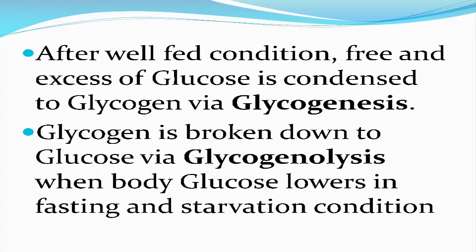And then we need that glucose, most importantly during fasting, when we are not eating, say 4, 5, 6 hours have passed since we have eaten. So now we need glucose from our storage. Then that same stored glycogen will be broken down, and that process is known as glycogenolysis. These processes we will discuss when we discuss carbohydrate metabolism.